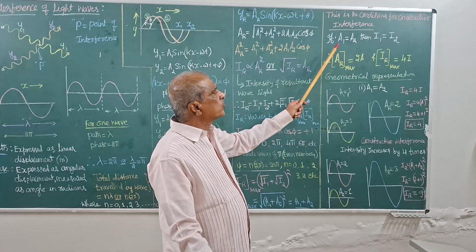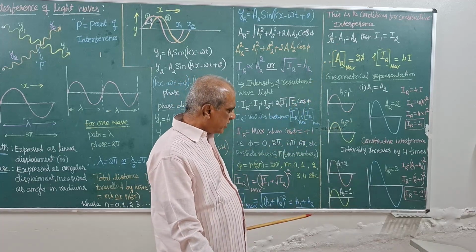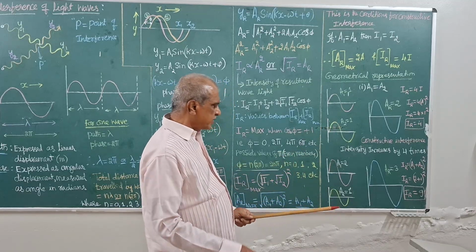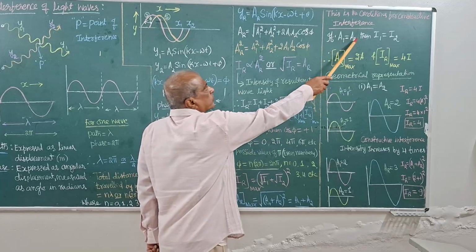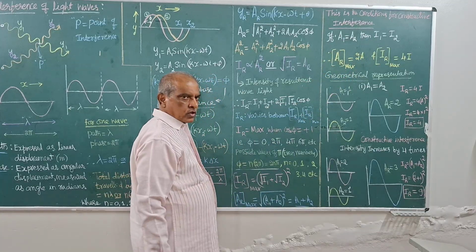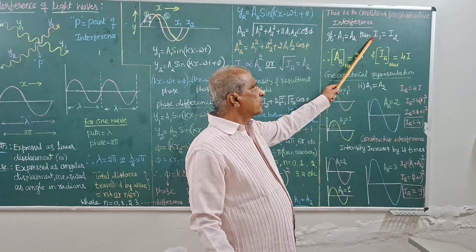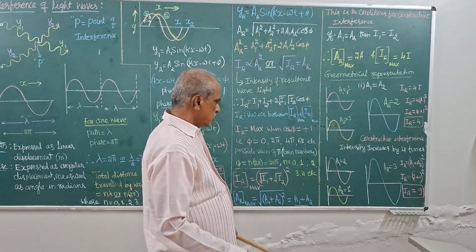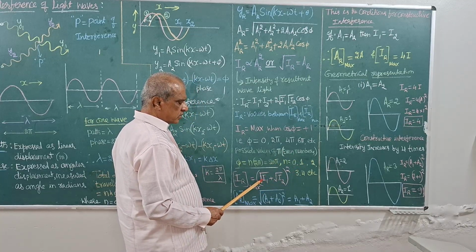There may be the same amplitude or different amplitudes. In this equation, same amplitude, what is that? Same means a plus a, 2a. If the amplitudes are the same, the intensities are also the same. I1 equals I2 equals I. That is same amplitude, same intensity.